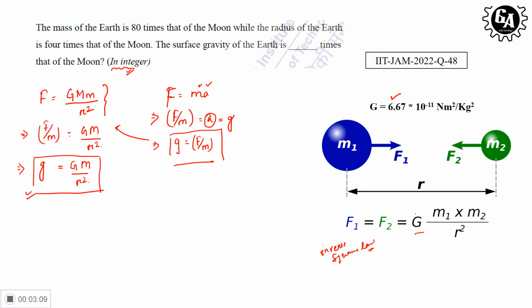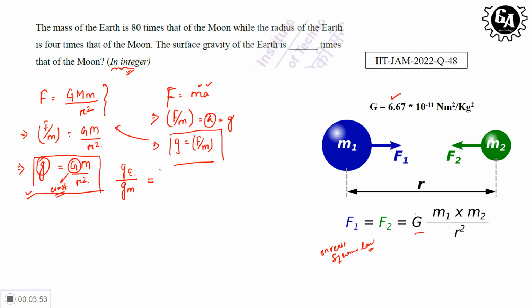This is actually the formula we have to use in this question. So we have to calculate the surface gravity of Earth, g of E, and the surface gravity of Moon, g of M. If we calculate the ratio gE by gM, the surface gravity of Earth to the surface gravity of the Moon, what are the variables? G is your constant. If it is constant, it will be cancelled out because it is a ratio. So what are the two variables which will differ?